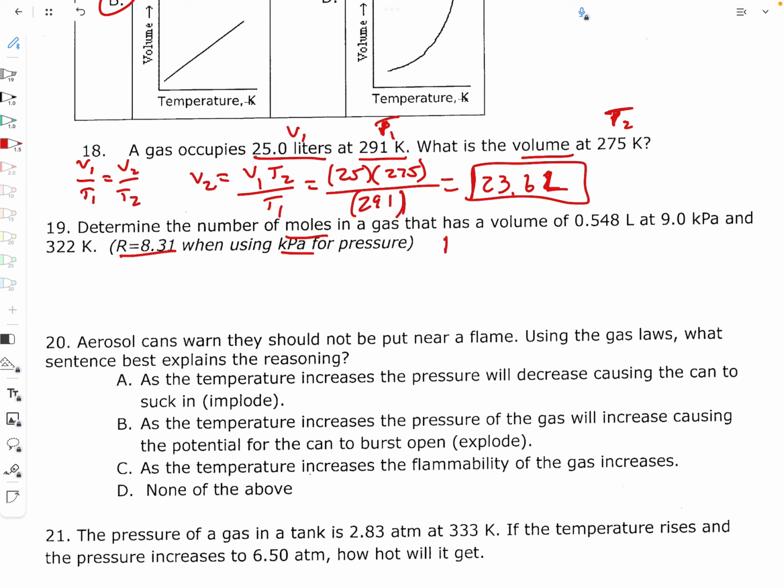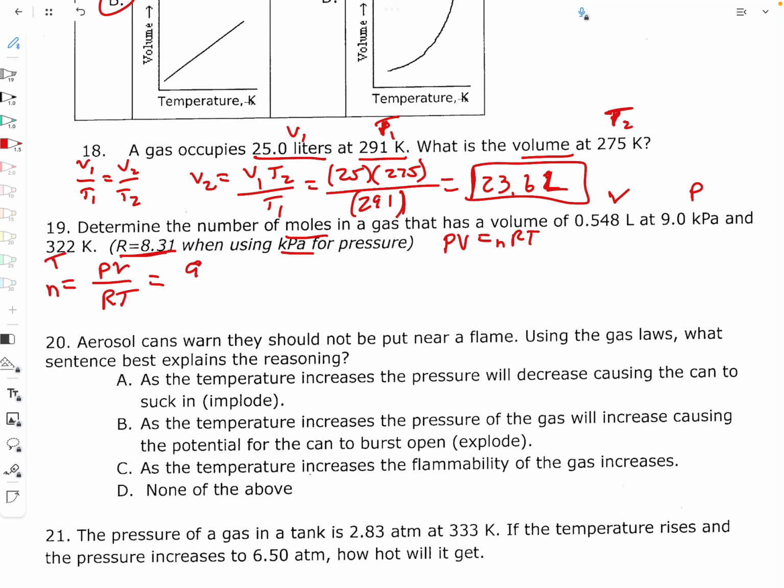So PV equals nRT is the ideal gas law formula. To rearrange that for number of moles, it's going to be n equals PV over RT. And that's going to be 9 as my pressure. My volume is here. My temperature is there. And my R is right there.